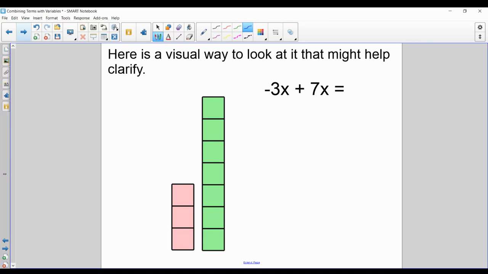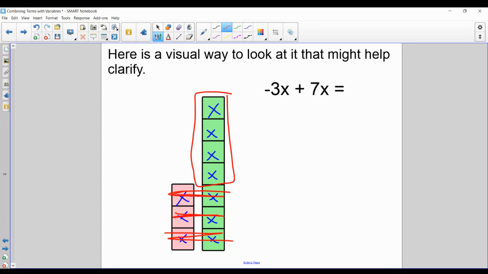If I look at this one, again, this is just showing that I have 3 negative x's and 7 positive x's. These that match up get rid of each other because they add up to 0, and I have 4 extra positives. I get that by looking at these 2 numbers and finding the difference.